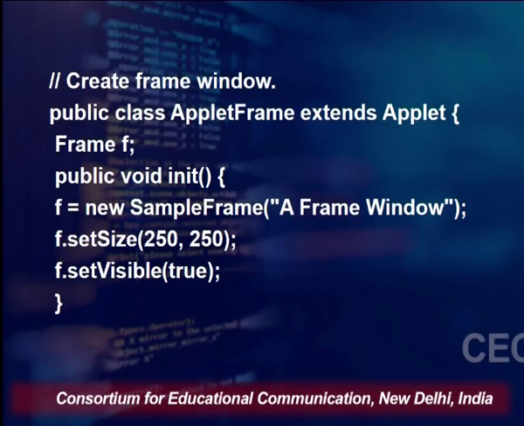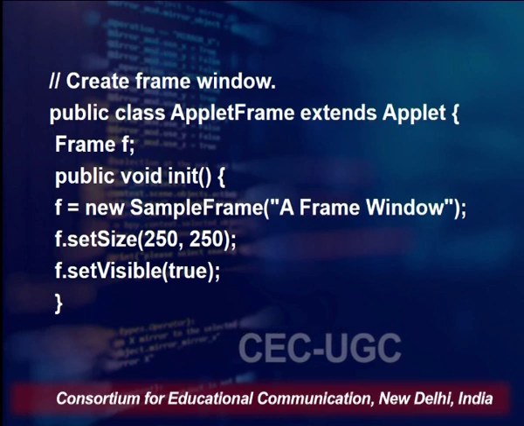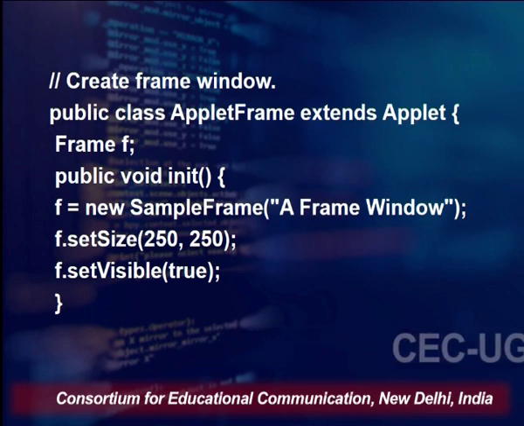Even after that, this frame will not be visible. In order to make this frame visible, we need to say f.setVisible, and within the brackets the flag we pass is true. So, f.setVisible(true).